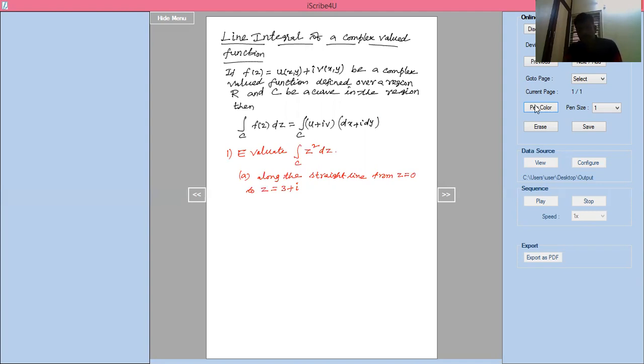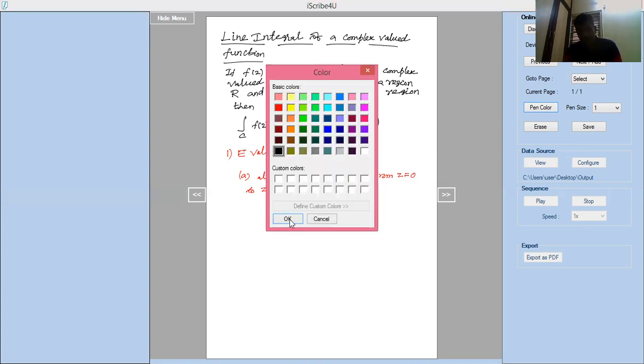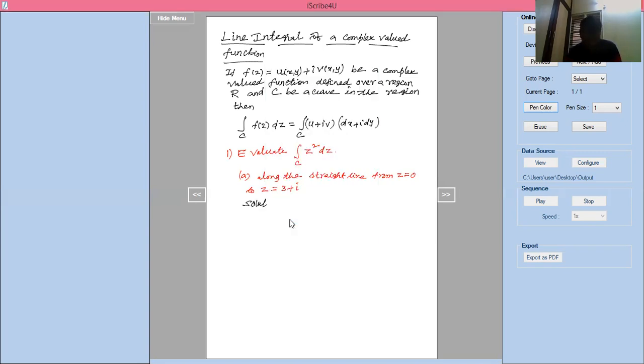Now, the solution. The given curve is the integration over c of z square into dz. Here, c is nothing but the path from z equal to 0 to z equal to 3 plus i, of z square into dz.